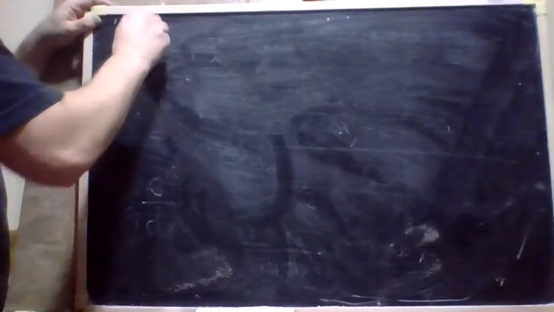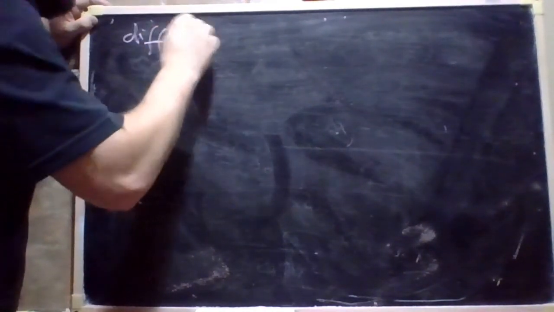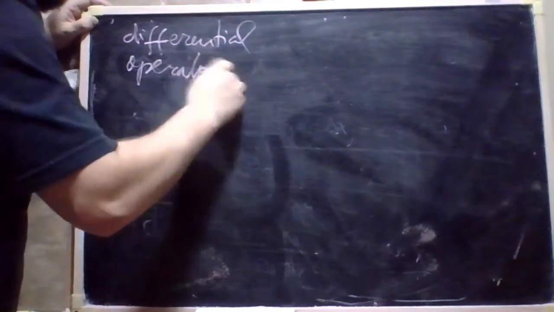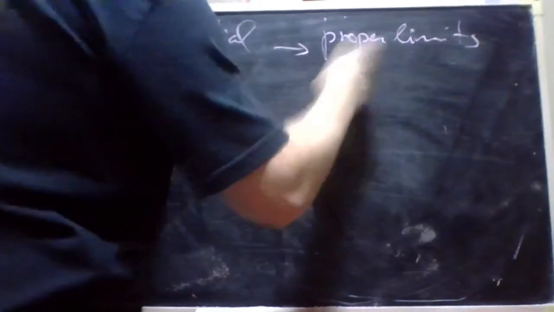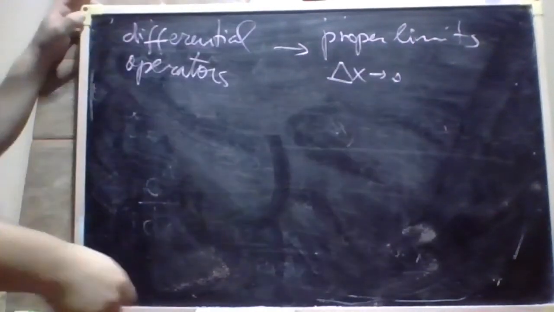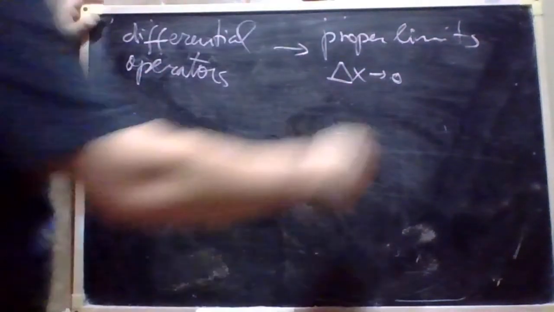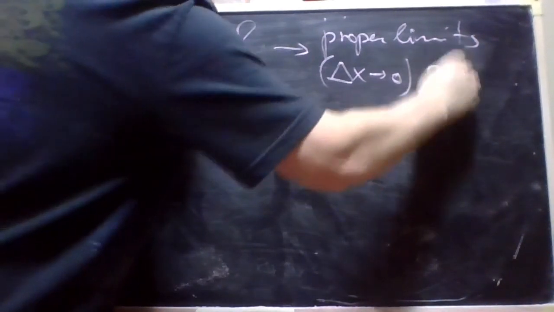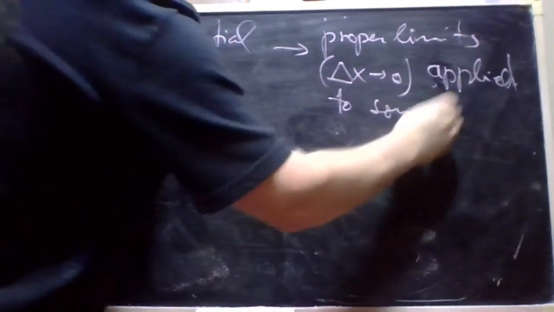So the conclusion is that differential operators are proper limits when some variable goes to zero, some infinitesimal. You need to have some infinitesimal. They are proper limits, delta x going to zero, applied to some matrix.